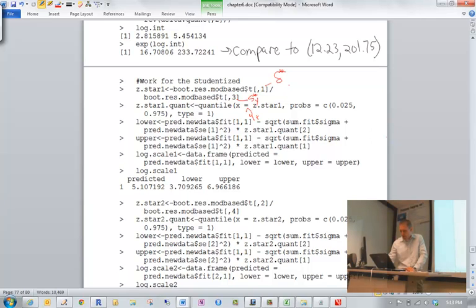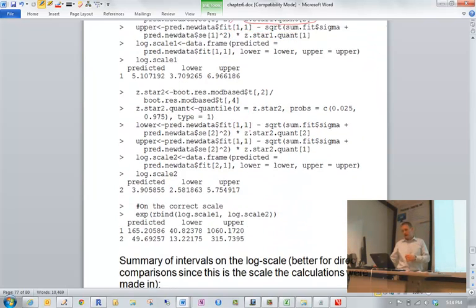Y hat plus minus then what we would normally calculate for your sy, times the distributional quantity that comes from the bootstrap. Again, interval of 3.71 to 6.97 for the first x plus, and then for the second x plus as well.